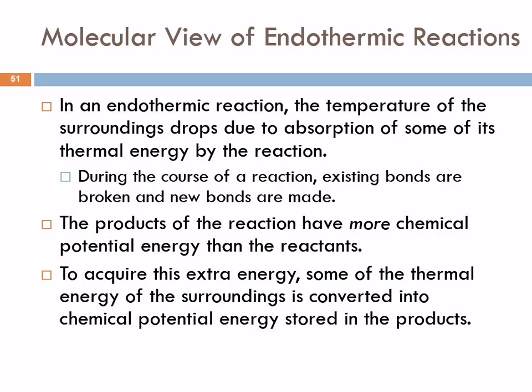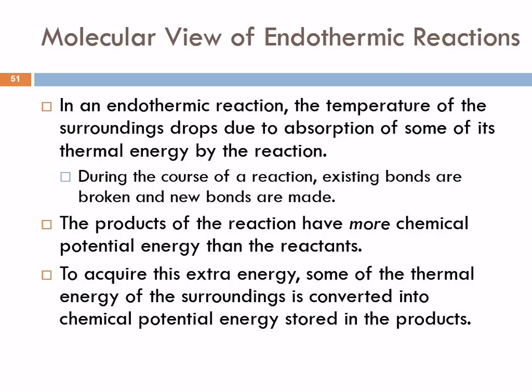An endothermic reaction is the opposite. The temperature of the surroundings is going to go down because the reaction is absorbing heat energy from its surroundings, causing the surroundings to decrease in temperature. So again, we've got existing bonds being broken, new bonds being made.